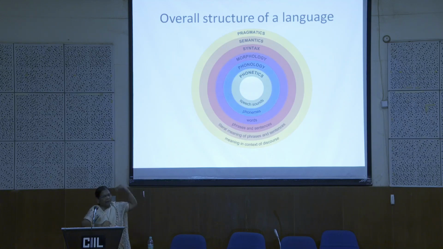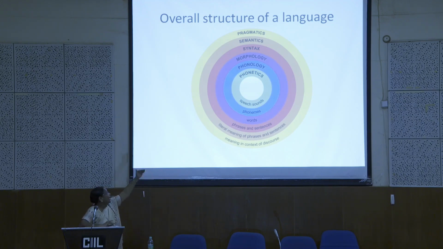And this diagram gives you what is phonetics, speech sounds; phonology, phonemes; morphology, words; syntax, phrases and sentences; semantics, literal meaning of phrases and sentences; and pragmatics, meaning in context of discourse. This is the structure of any language.